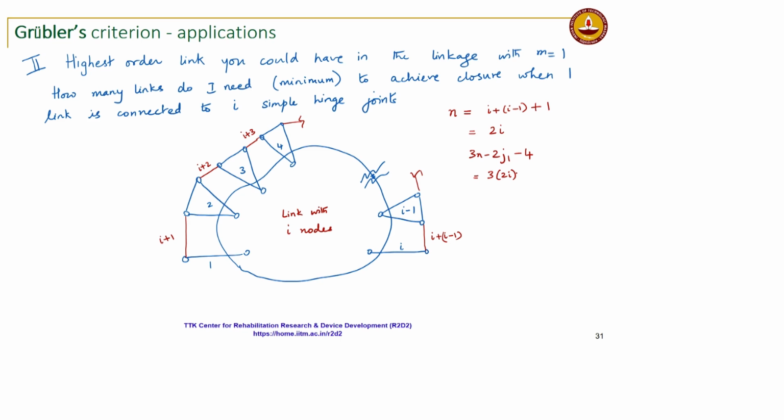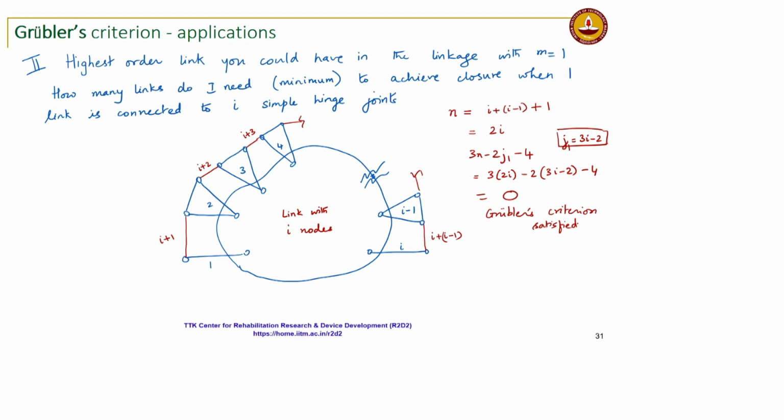What do you get there? 3i minus 2. 3i minus 2, j1 equal to 3i minus 2. So, I get 3 into 2i minus 2 into 3i minus 2 minus 4, which is 0. So, Grubler's criterion is satisfied. So, I do get a single degree of freedom mechanism with these 2i links.